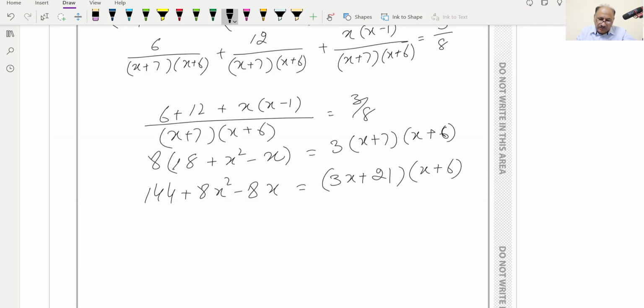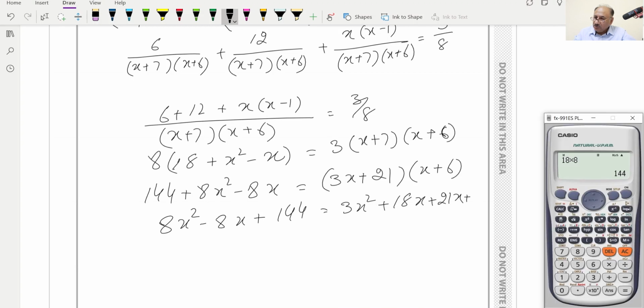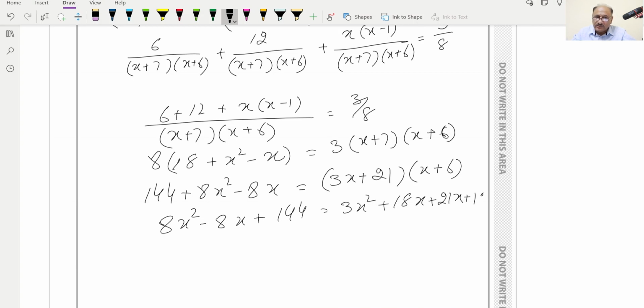Now we can rearrange this side, 8x squared minus 8x and plus 144 will be equal to, now we can multiply this 3x with the x will be 3x squared, and plus 3x multiplied by 6 will be 18x, and 21 multiplied by x will be plus 21x, and 21 multiplied by 6 will be equal to 126.